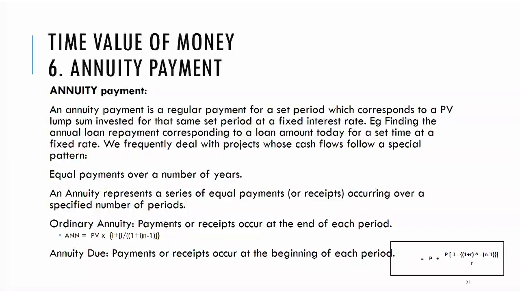So you have to use a different formula. Right? And even in the calculator, you have to change your format when you calculate the payment at the beginning. The calculator is normally set to calculate the payment at the end of the year. If you want to calculate payment at the beginning of the year, you have to change the mode of the calculator.